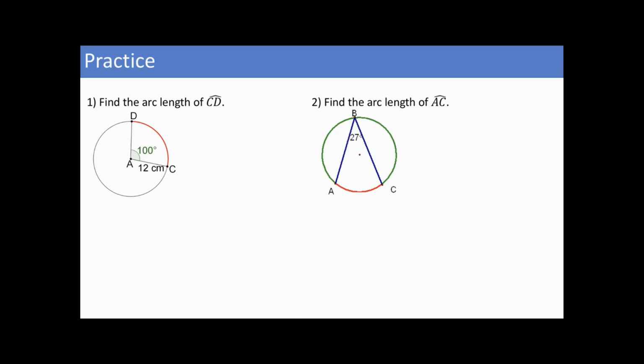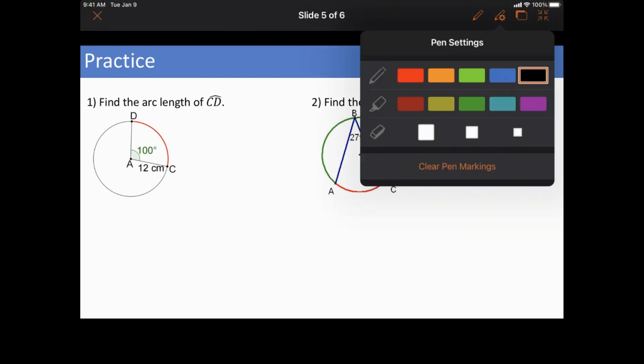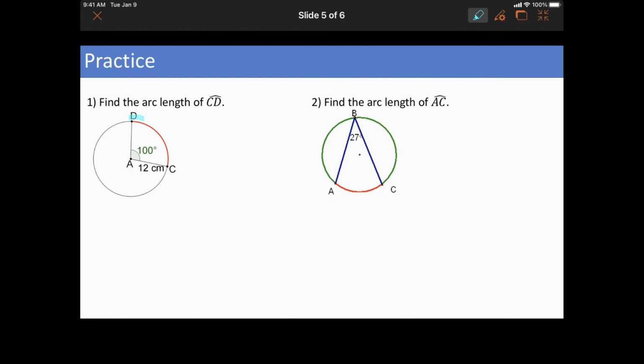All right, here's some practice problems. You can pause it if you'd like, and then check your answers at the end. Or you can do it along with me. So the arc length of CD. So we have to find the arc measure in degrees. So the central angle is 100, so this is also 100.